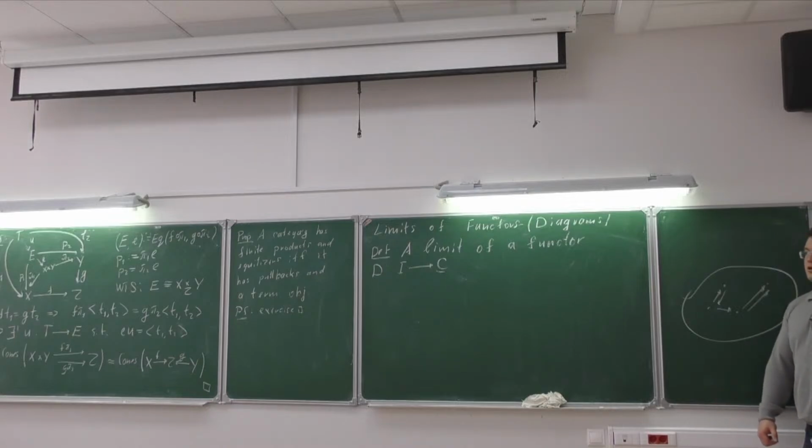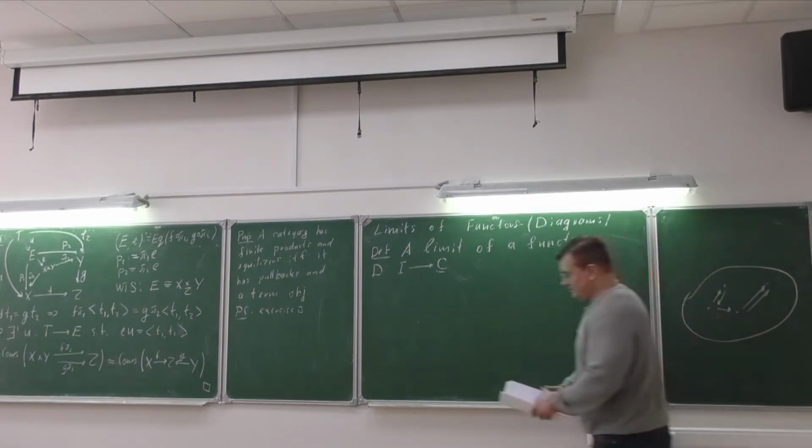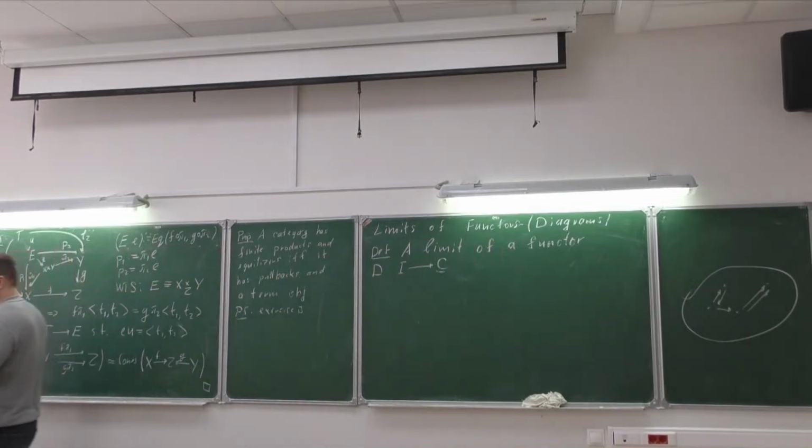Say it's just a set of objects, and I want to formulate this diagram that I have a set of objects using this functor D. Do you understand the question?